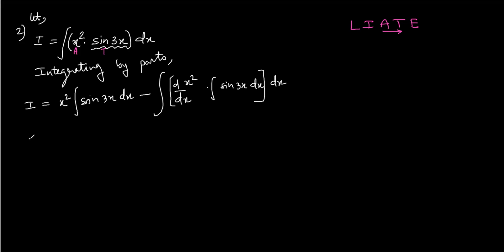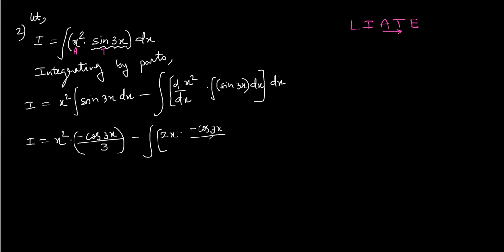Therefore I equals x square times the integration of sine 3x, which is minus cos 3x divided by 3, minus d by dx of x square, which is 2x, and here you have integral sine 3x, which is minus cos 3x divided by 3, and once again dx.